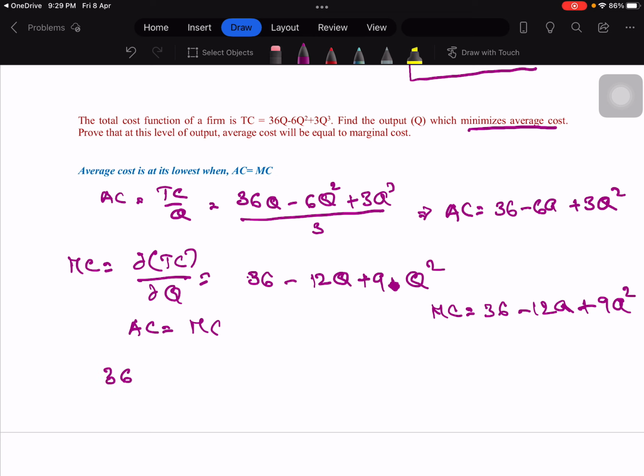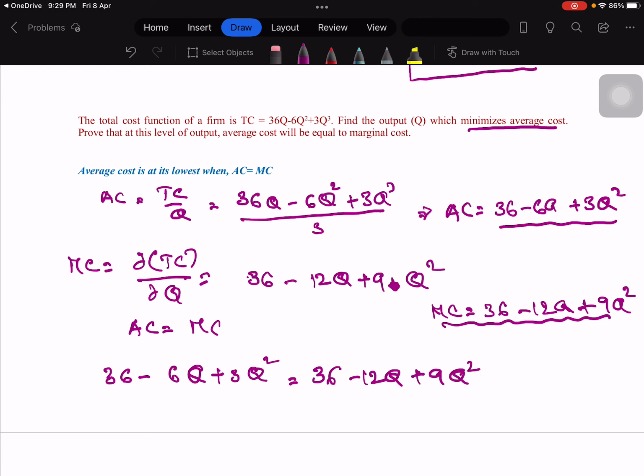36 minus 6Q plus 3Q square is equal to 36 minus 12Q plus 9Q square. If you equate this, 36 gets cancelled.